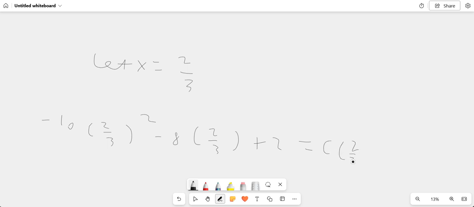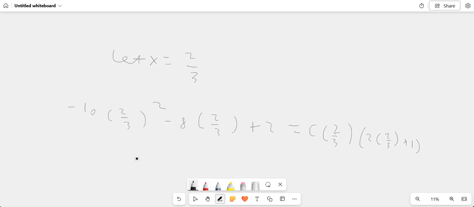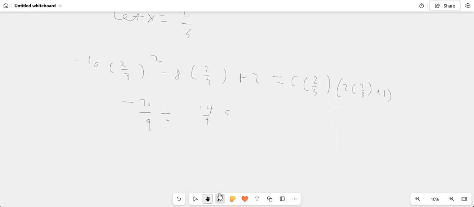So C, 2 over 3, because that's where the x was. And then where 2x plus 1 was, you write 2 times 2 over 3 plus 1, yeah? Alright, so now the left hand side is going to become minus 70 over 9. The right hand side is going to become 14 over 9. So 14 over 9, C. So therefore C is going to be, you divide that, C is minus 5, yeah? Divide that there.